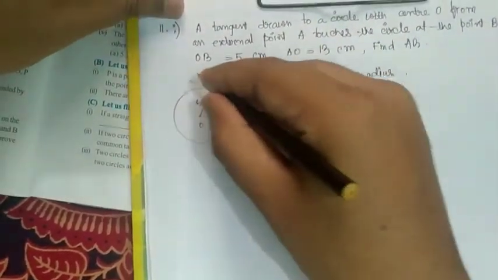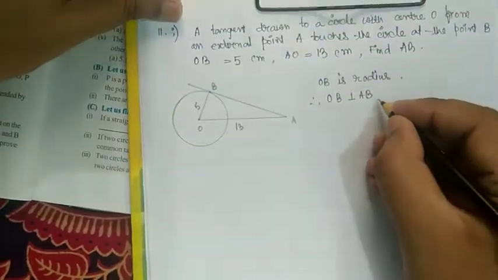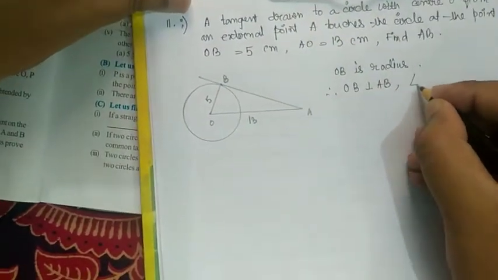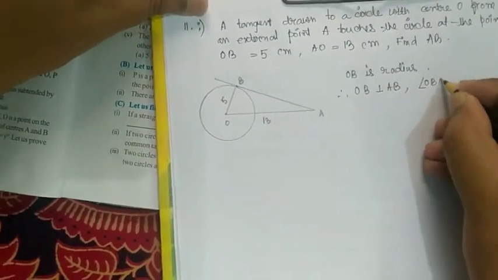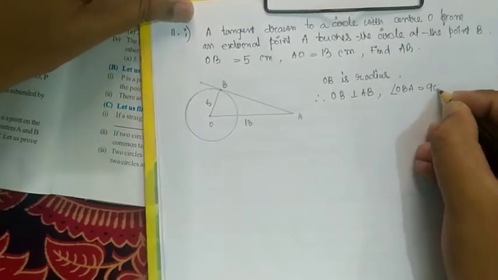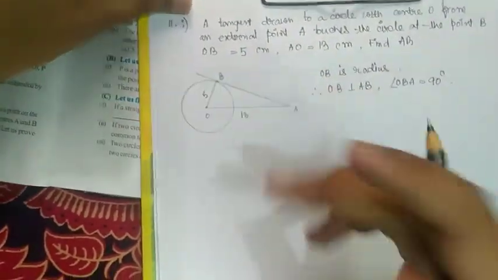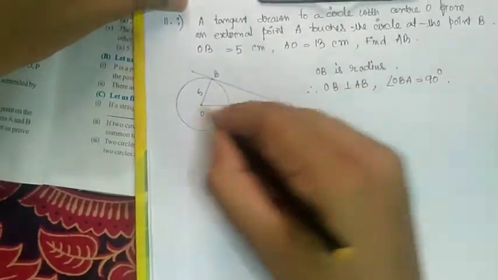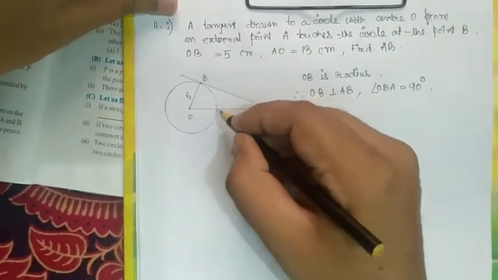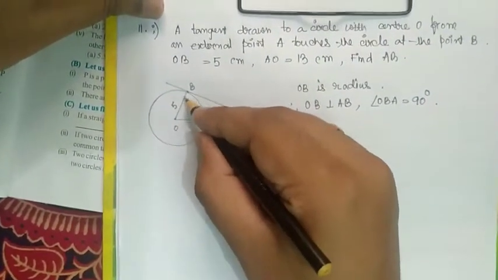We know that previously. So therefore OB is perpendicular on AB, so angle OBA equal to 90 degree. So if OBA equal to 90 degree, this is the hypotenuse, the opposite side of the 90 degree.